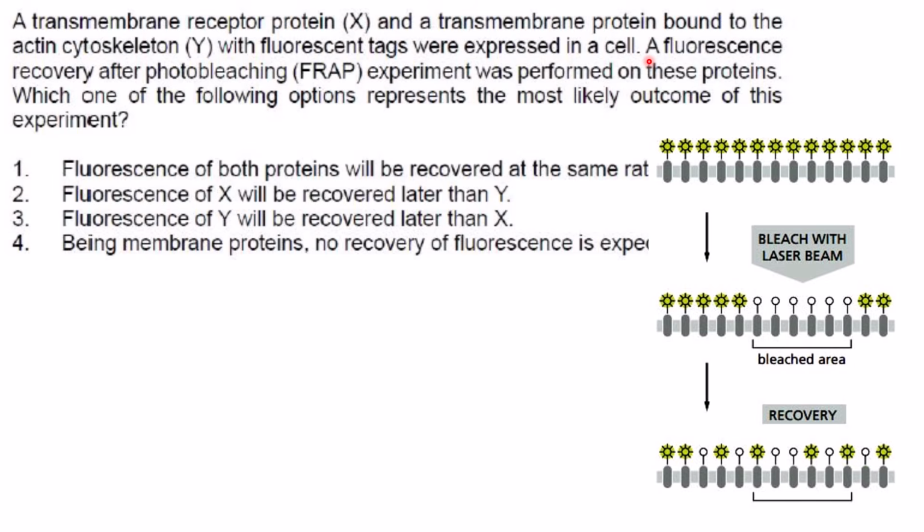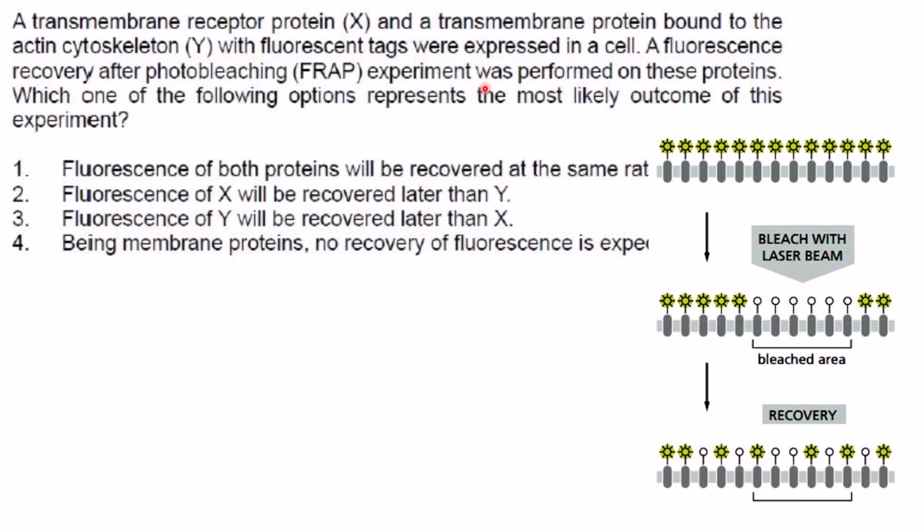Both are fluorescently tagged. After this fluorescence tagging, a FRAP experiment, a fluorescence recovery after photobleaching experiment, was performed, and you check which one will reach the final destination, like a running race.